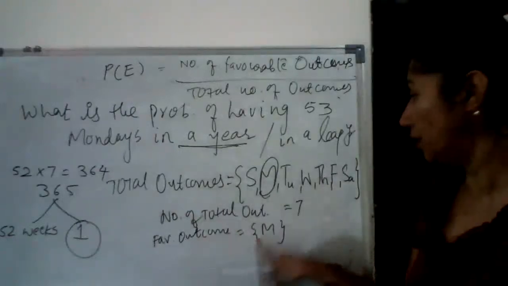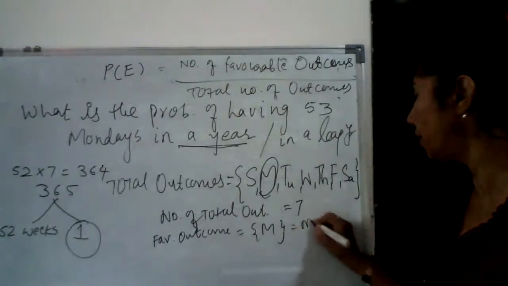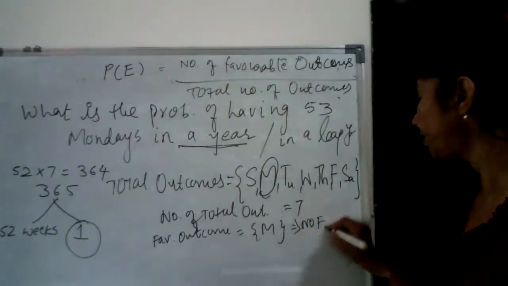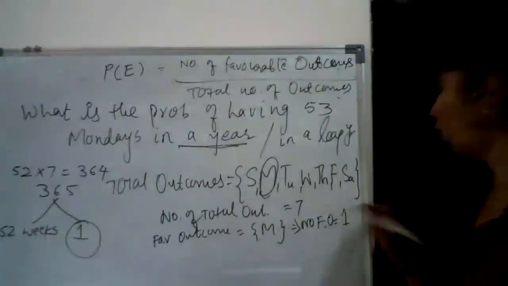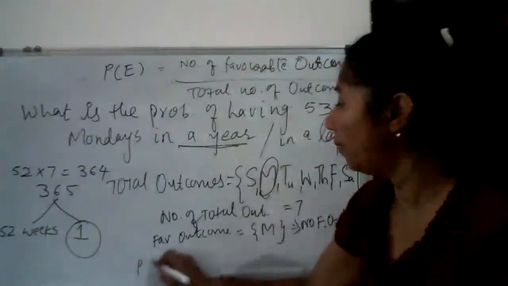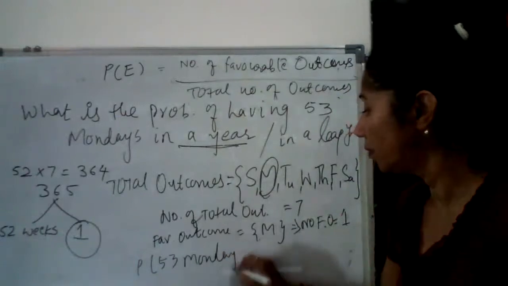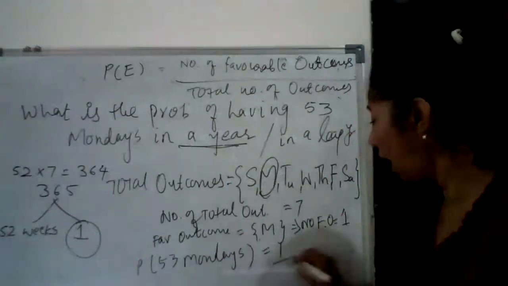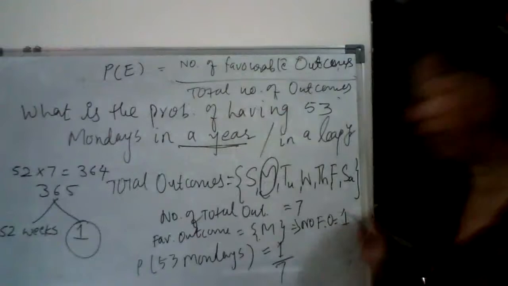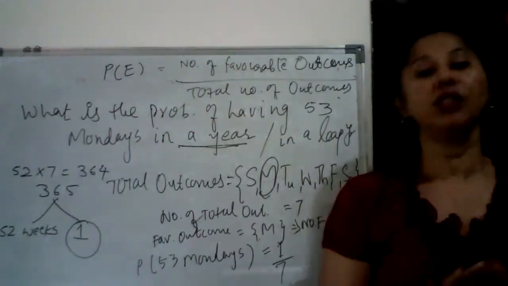So favorable outcomes हुआ, तो उसका number of favorable outcomes कितना हो गया हमारा, I'm just writing shortcut. So 1, hence probability of 53 Mondays will be out of 7, there is only one possibility, that is 1 on 7.